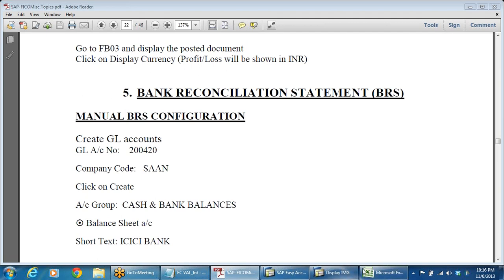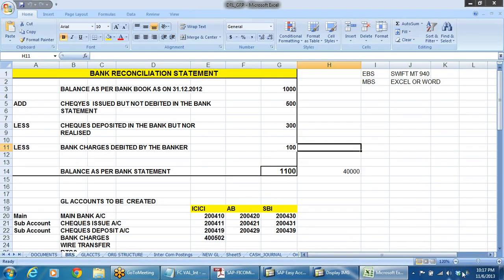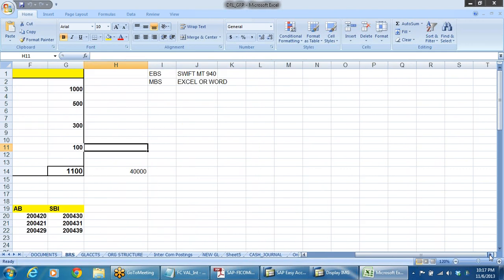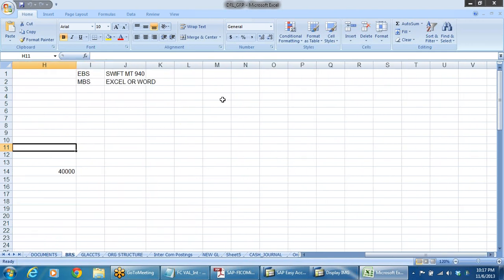So here, in case of a real scenario, there is a book maintained by the company that we call a cash book. We can call it a cash book or bank book. Cash book is maintained exclusively for cash items. Bank book means the checks that are issued by the company.